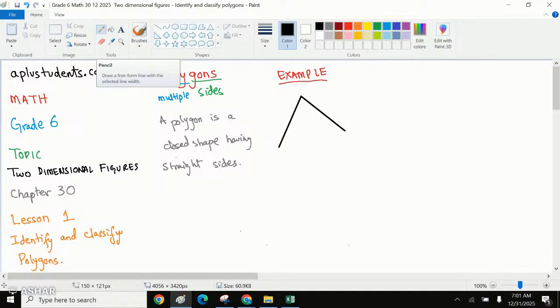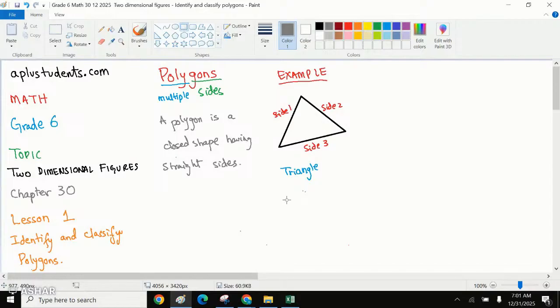It's still not closed. But if I add a third line to it, is this shape closed now? That means this shape has side 1, side number 2, and side number 3, right? That means there are 3 sides forming a shape, and the name of this shape is triangle, right? That means a closed shape with straight sides would be a triangle.